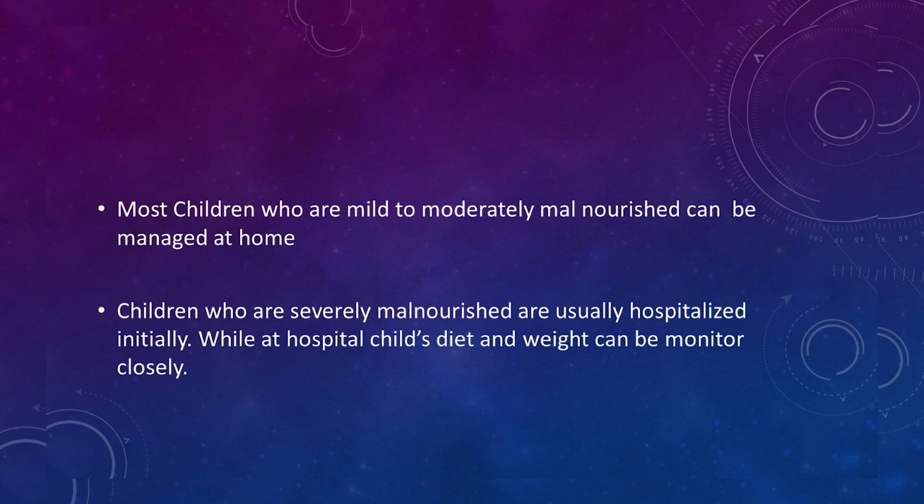Not all undernourished children require hospitalization. Most children who are mildly or moderately malnourished can be managed at home. Only those who are severely malnourished usually need hospitalization initially, while in hospital the child's diet and weight can be monitored.